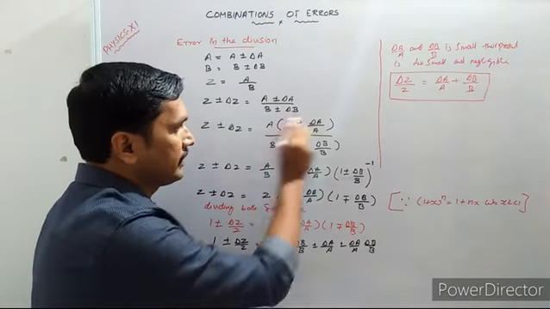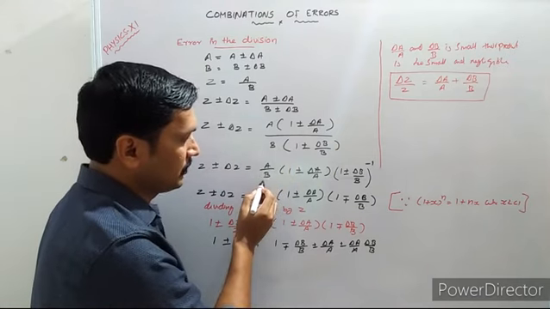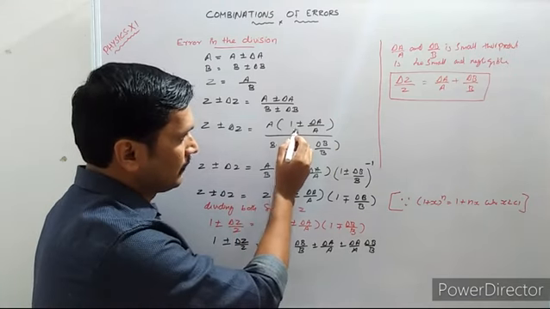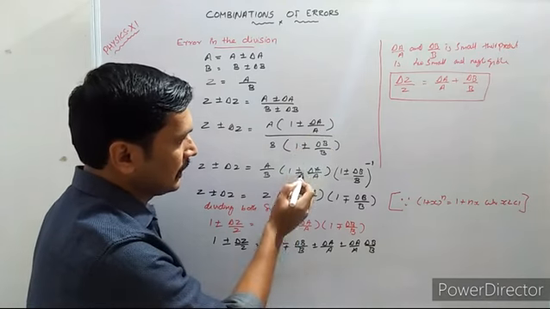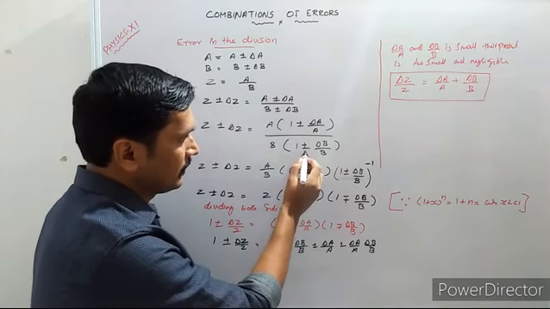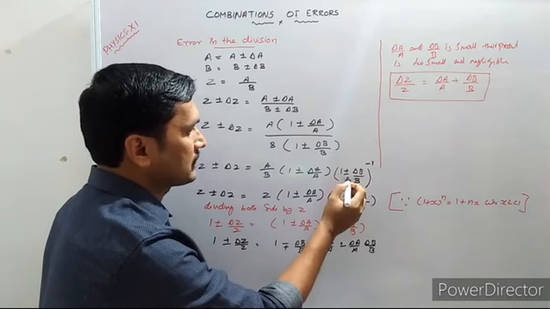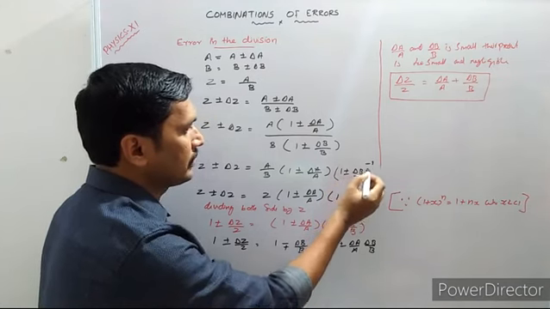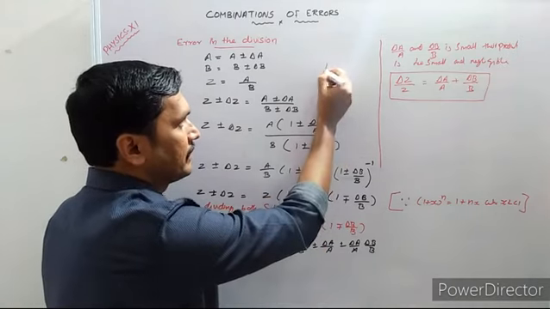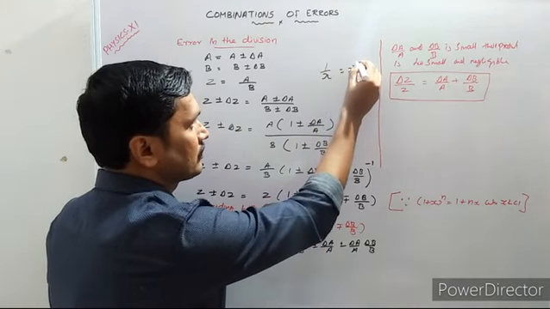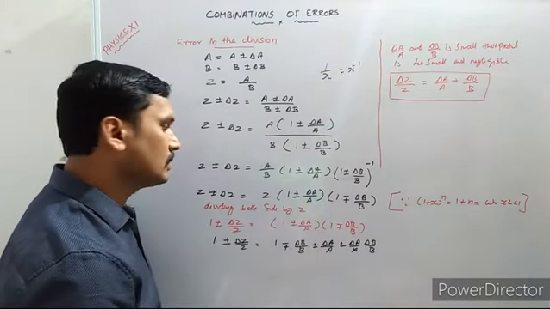And rearrange the right side as a by b, keeping together a by b, and 1 plus or minus delta a by a here itself, and we are taking this one here. So 1 plus or minus delta b by b whole raised to minus 1, because 1 by x is equal to x raised to minus 1 in that form.